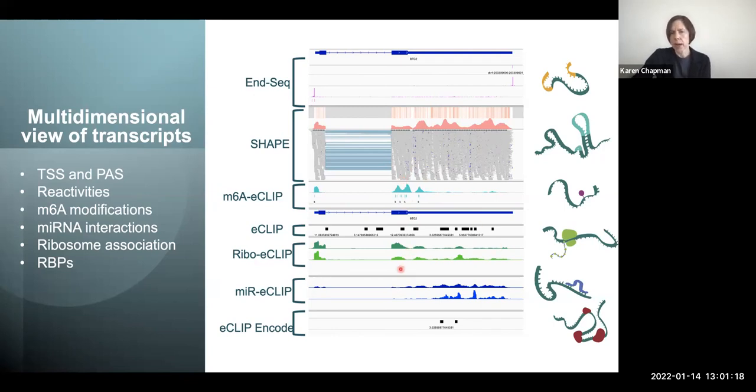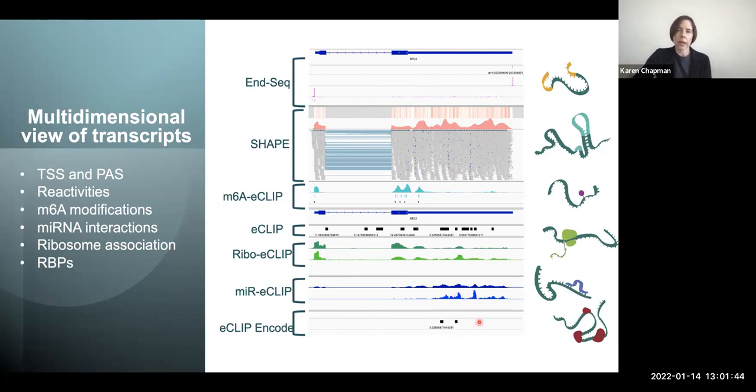And down here, ribo-eCLIP data showing ribosome occupancy and miR-eCLIP data. You can scroll through each one of these. There's a lot of data in these sessions. This also has all of the little individual microRNAs and their seed matching sites in this panel.